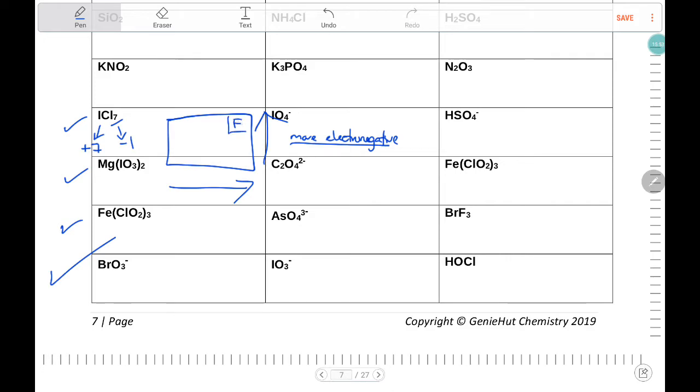It will be your fluorine, the most electronegative element, number 1. Remember your NOF? Oxygen will be rank 2, nitrogen will be rank number 3. So these 3 are the most electronegative elements. Other than that, know this trend: right, up, more electronegative. So with this now, let's continue to solve the questions.